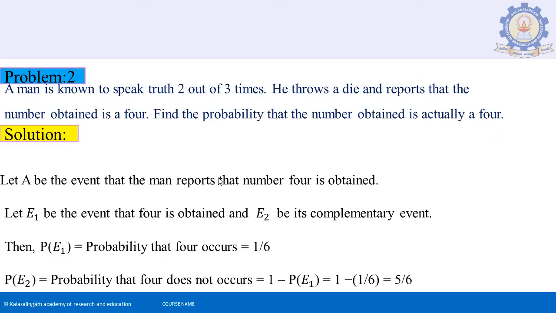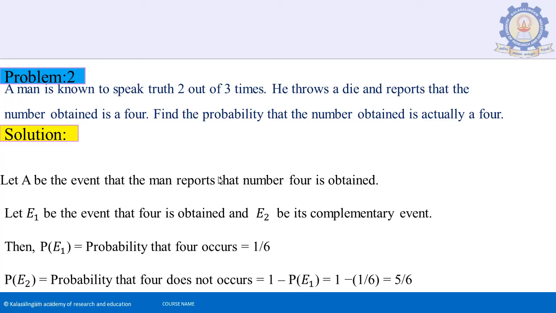Problem number 2. A man is known to speak the truth 2 out of 3 times. He threw a die and reported that the number obtained is a 4. Find the probability that the number obtained is actually a 4.